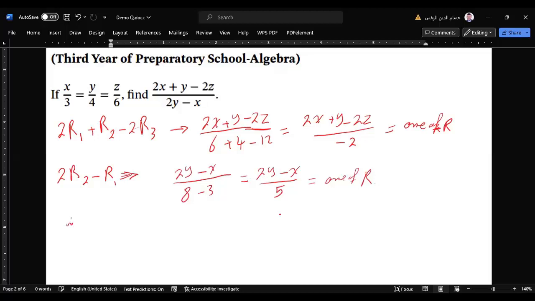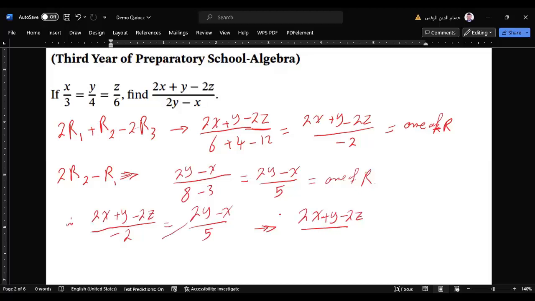Then 2x plus y minus 2z over negative 2 equal 2y minus x over 5, which gave me that 2x plus y minus 2z over, I will change this 2.